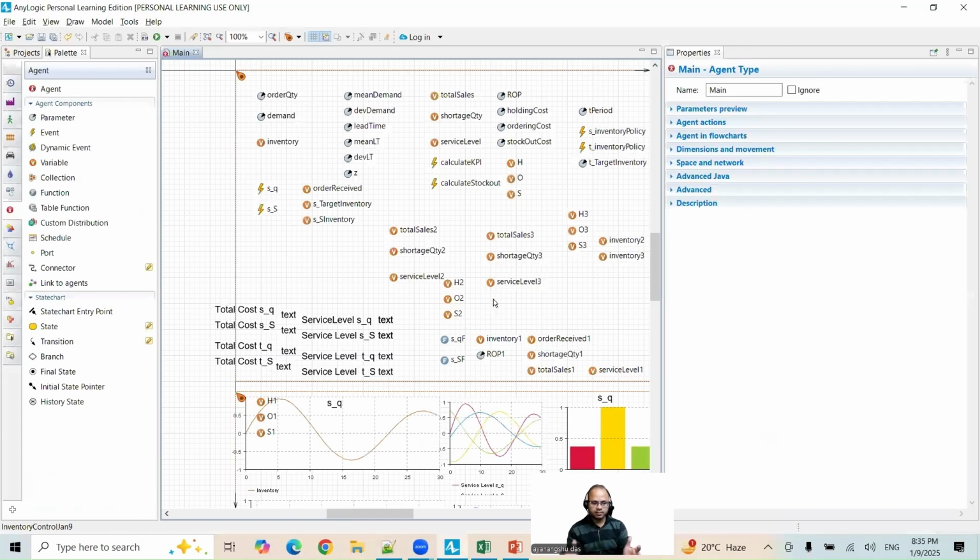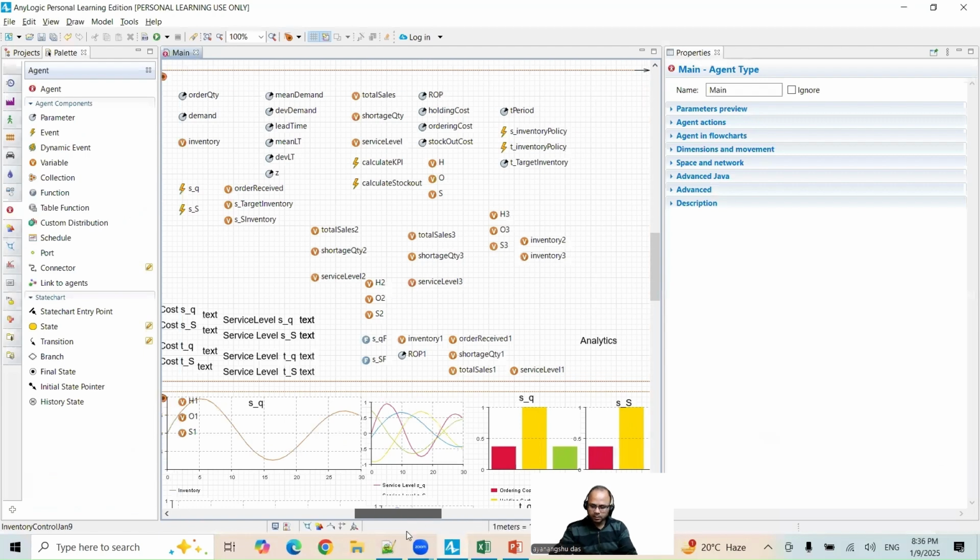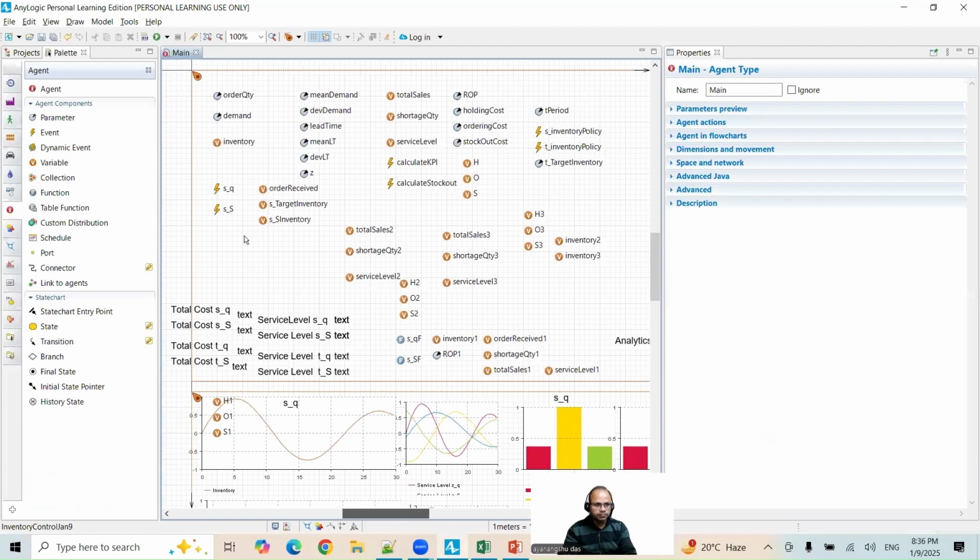So we have to readjust this a bit, tidy this up a bit. This is a bit not in order, so let me put this in order.